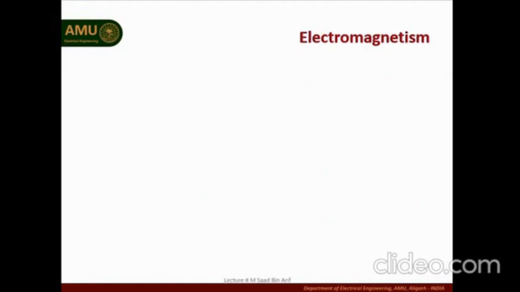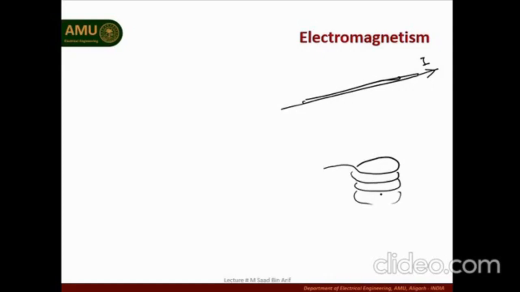Now we will analyze the magnetic field produced by a current carrying coil. We just discussed that a current carrying conductor will produce a magnetic field. Let us see the conductor, and the current I is flowing through this conductor.